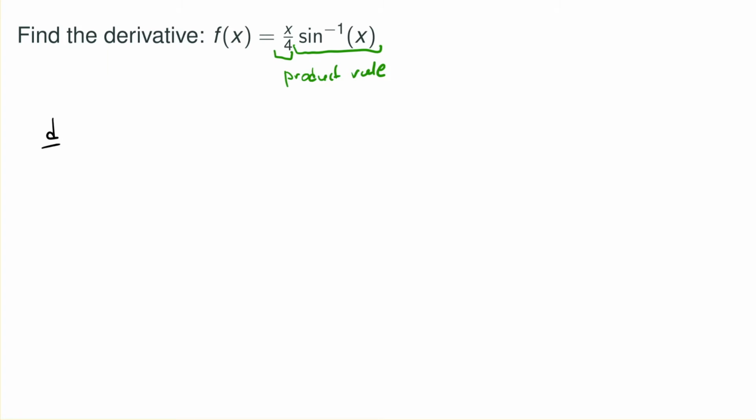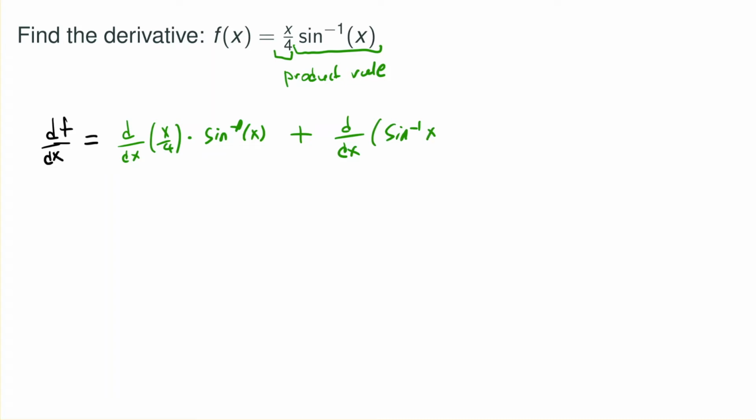So df dx equals the derivative of x over 4 times sine inverse, right? This is sine inverse, not 1 over sine. This is arcsine, plus the derivative of sine inverse x multiplied by x over 4.